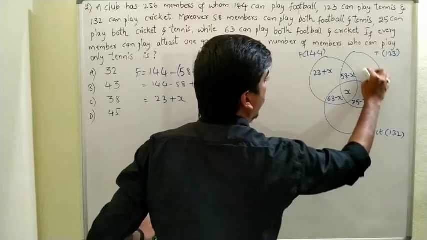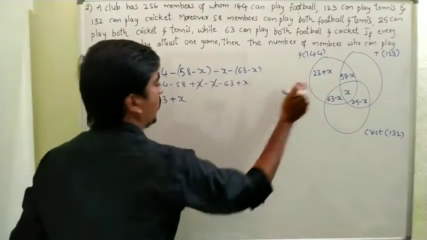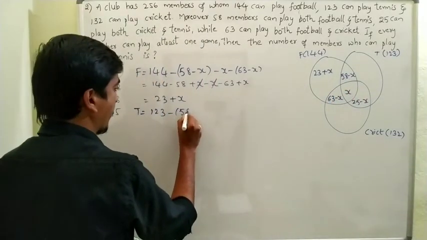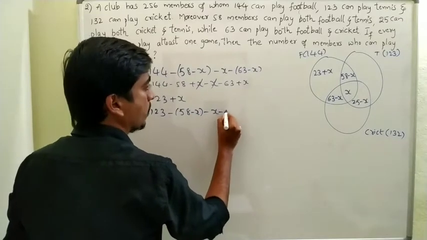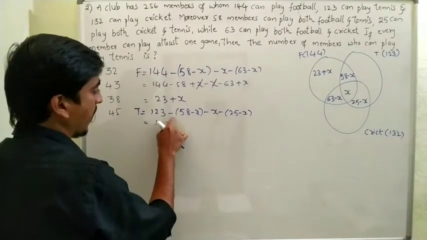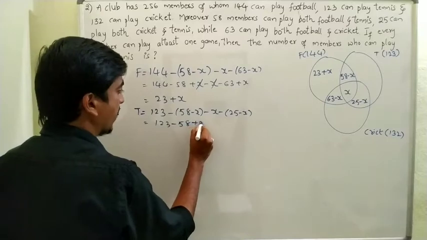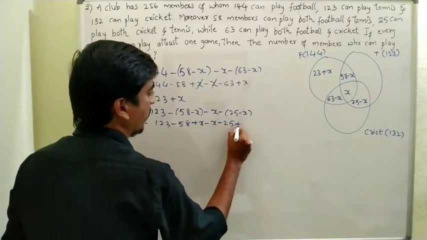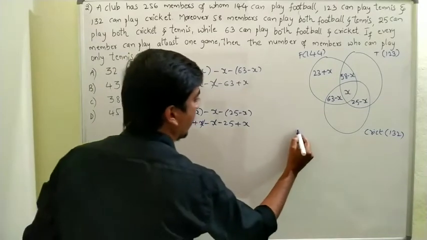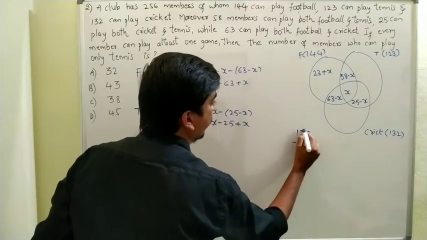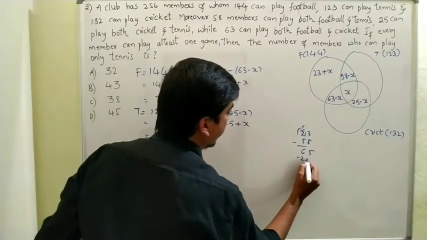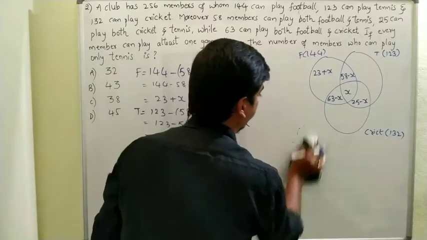Now find the players who are playing only tennis. For tennis, do the same thing: 123 members minus 58 minus X, minus 25 minus X. So we get 123 minus 58 plus X minus 25 plus X. Minus X plus X get cancelled. 123 minus 58 is 65, and 65 minus 25 is 40.